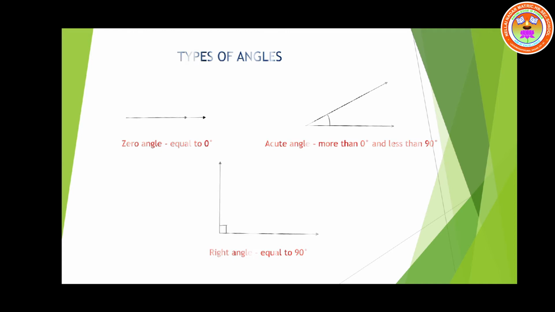For the right angle, the degree will always be 90 degrees. Okay. Next we are going to see, can you name what type of angle this is? It is more than 90 degrees. So what type of angle is this? It is an obtuse angle, which is more than 90 degrees and less than 180 degrees.